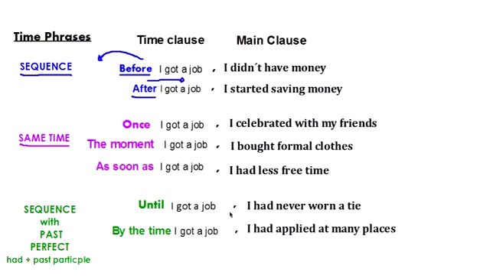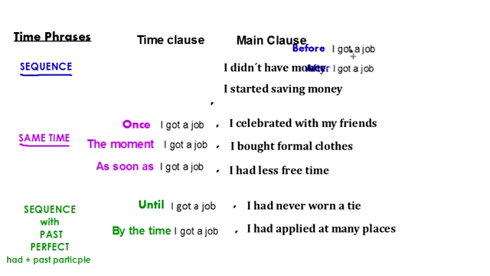And let's look back at this certain example that we had. And I just wanted to show you that, again, with the time clause, we use our time phrases, and then we use the main clause, right? But we don't always have to use this order. I can talk about my time clause first.